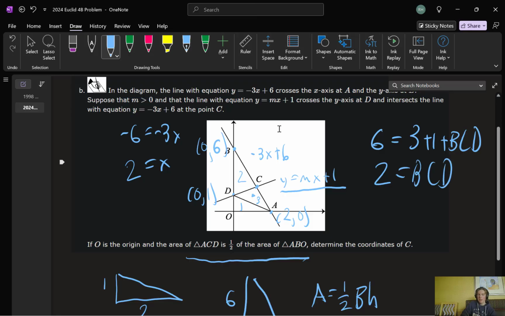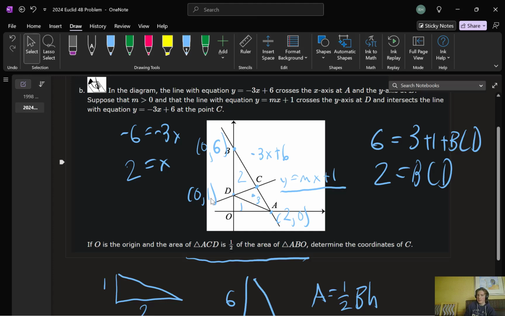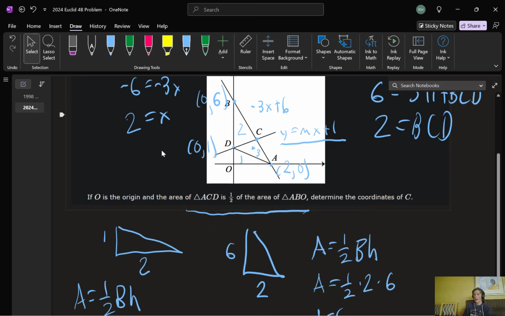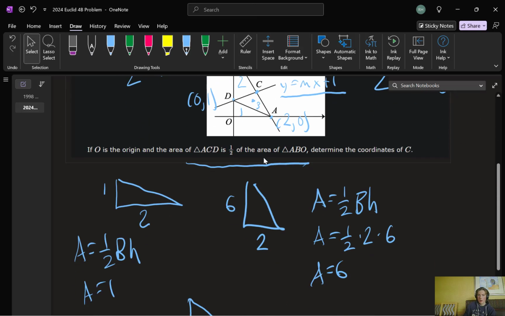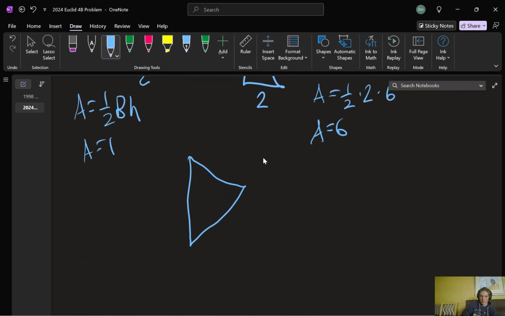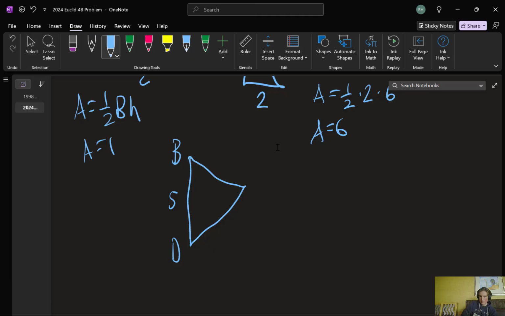We can put in 2 here, and then the great thing is we can solve for the height of BCD, because we know a few values. Let me draw it out. B to D is 6 to 1, so it has a length of 5. And we also know the area is 2. Well, how do we find the area of a triangle?